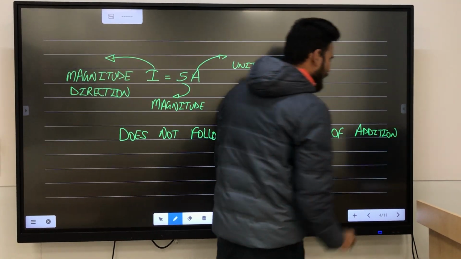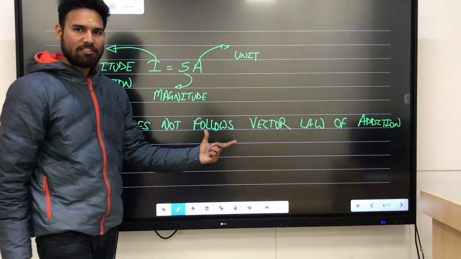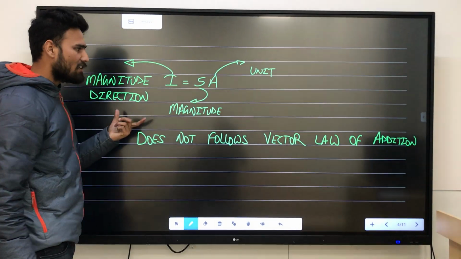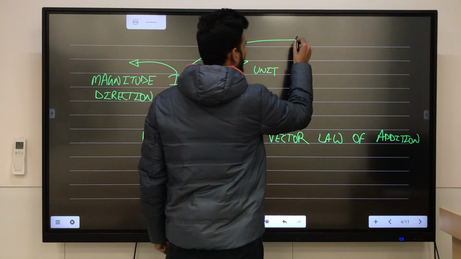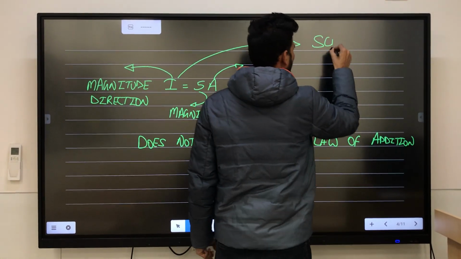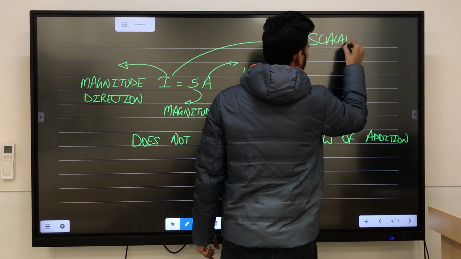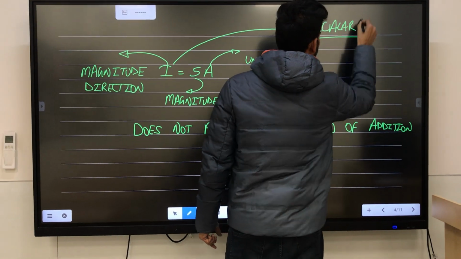And since the current does not follow the vector law of addition, it only has magnitude and direction. So we can say that the current is a scalar quantity, and not a vector quantity.